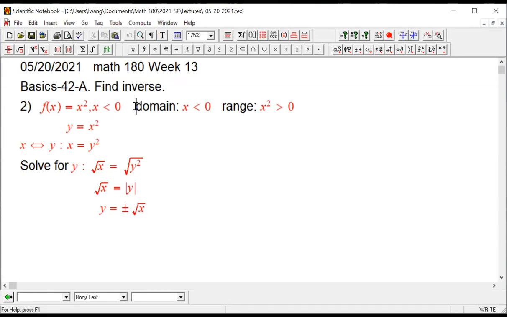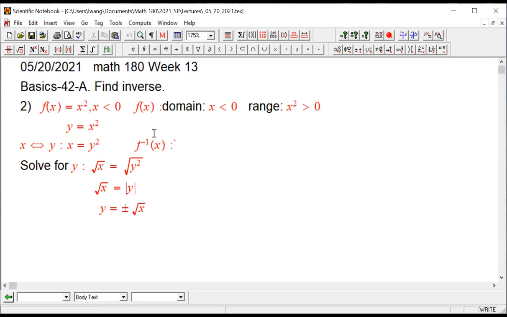So if this is the domain for f of x, at this point of swapping, the inverse function's domain and range is also determined.